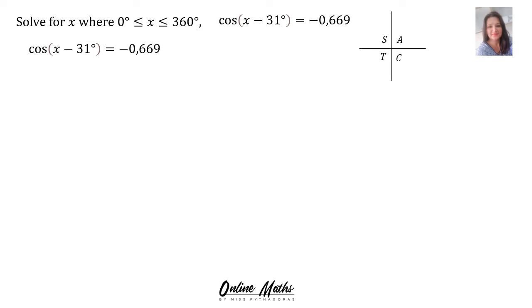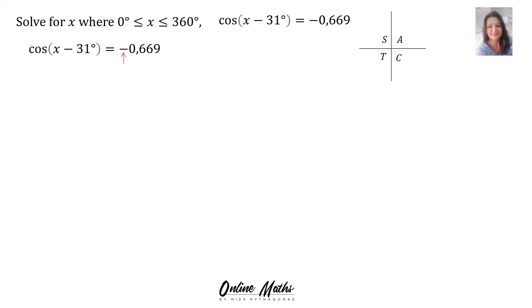So you keep that x minus 31 inside the bracket there, and you are going to work out the angle with your calculator. But when you work out the angle, you ignore the minus, because the reference acute angle is always positive.